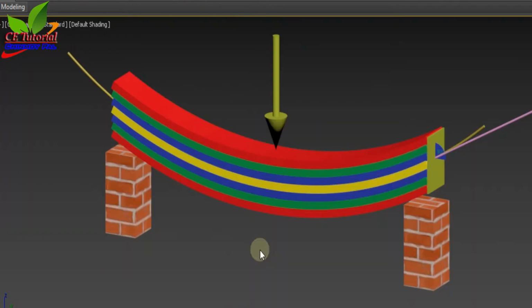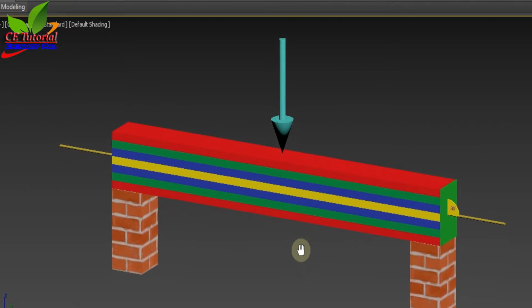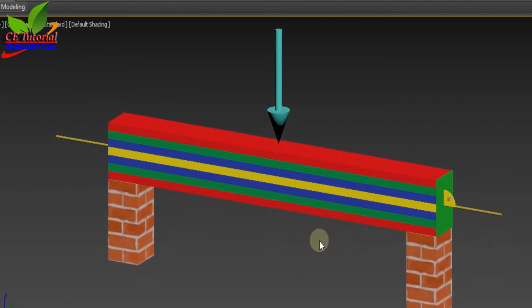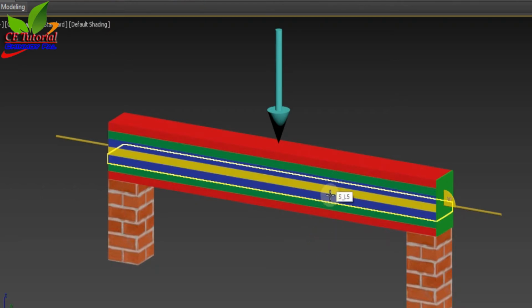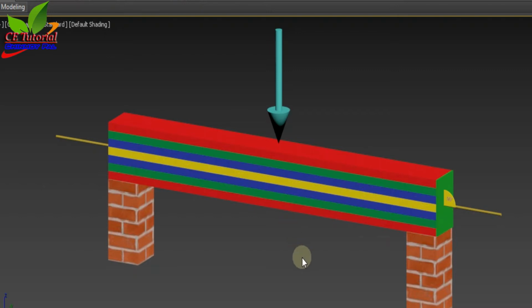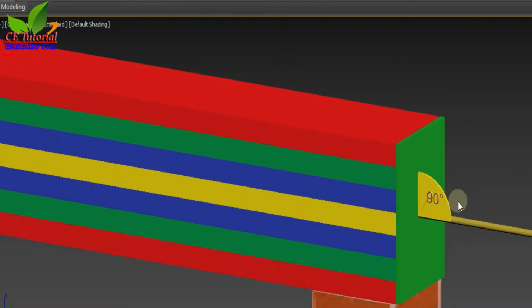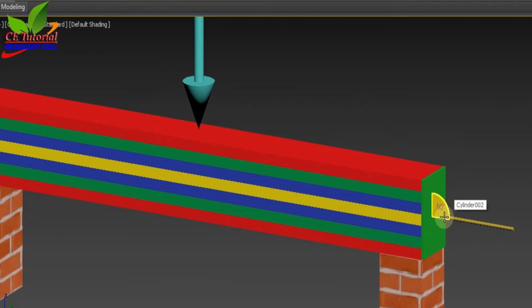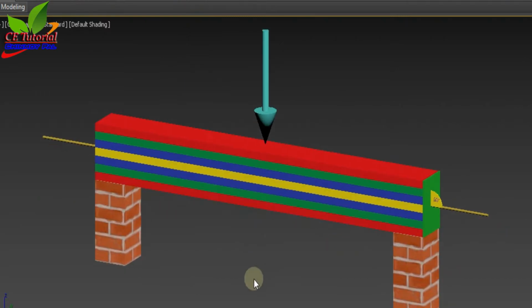Now I want to show you another model. Now suppose all layers are glued along the contact surface so that they become a single solid beam. Now you can see the cross section of the beam perpendicular to the longitudinal axis before the application of load.